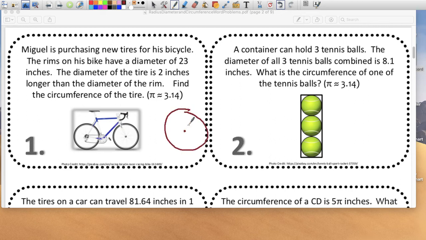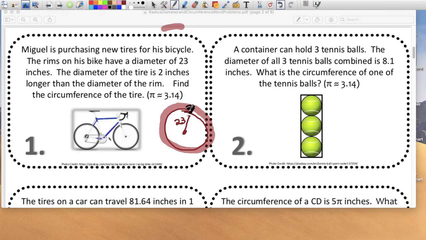So this is the tire, right? From here to here is 23, but from here to here is 2 inches. So find the circumference of the tire.